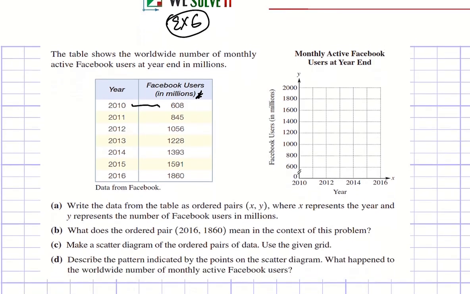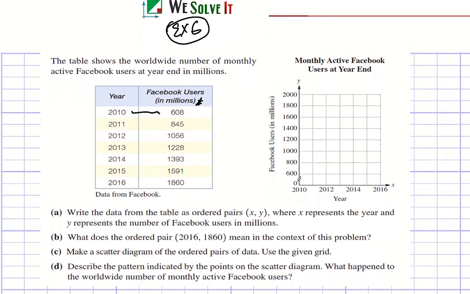All right, so let's see what they want. It says write the data from the table as ordered pairs, where X represents the year and Y represents the number of Facebook users. It's the same thing we did above. They want you to write that as an ordered pair.